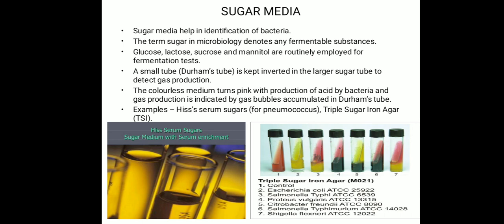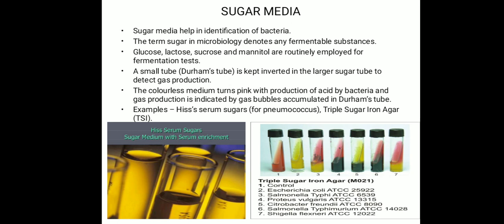They are either sugar fermenters or non-sugar fermenters. A few examples are sugars like glucose, lactose, sucrose and mannitol, which are routinely employed for fermentation tests. These are a few sugars which we use routinely in the lab.